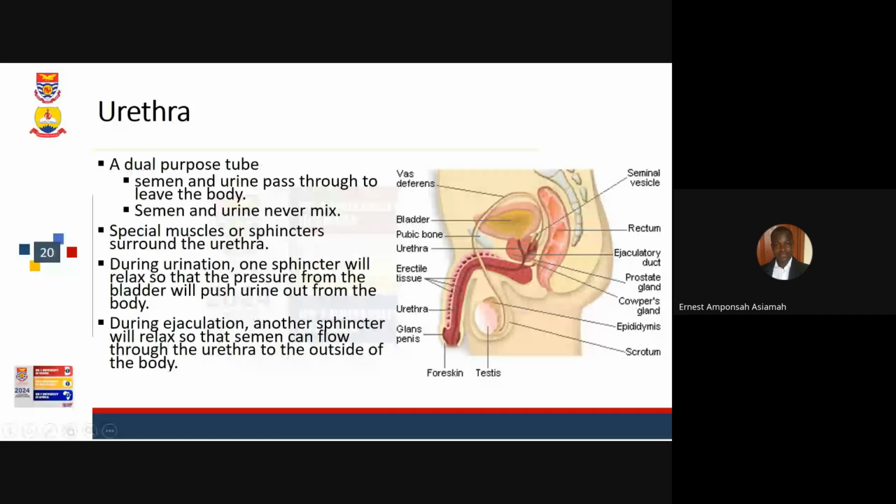The vas deferens is also the same as the ductus deferens, which transports the sperm from the epididymis all the way to the ejaculatory duct.